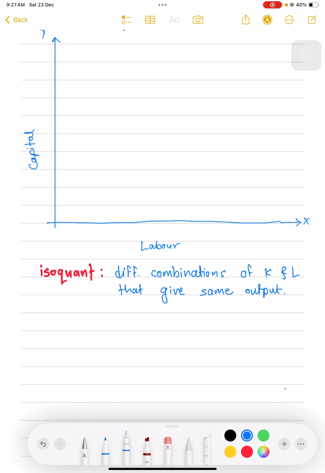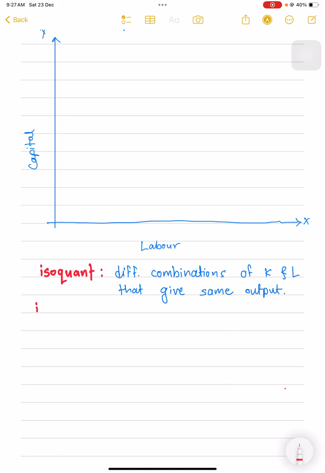Isoquant is just like an indifference curve; the indifference curve is from the point of view of the consumer, the isoquant is from the point of view of the producer.